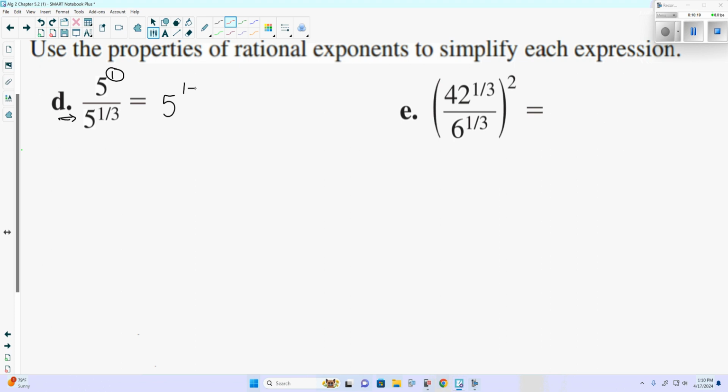So, since the exponent on top is 1, we're going to do 1 minus 1/3. Exponent on top always goes first. Exponent on bottom goes second. Now we need to do 1 minus 1/3.